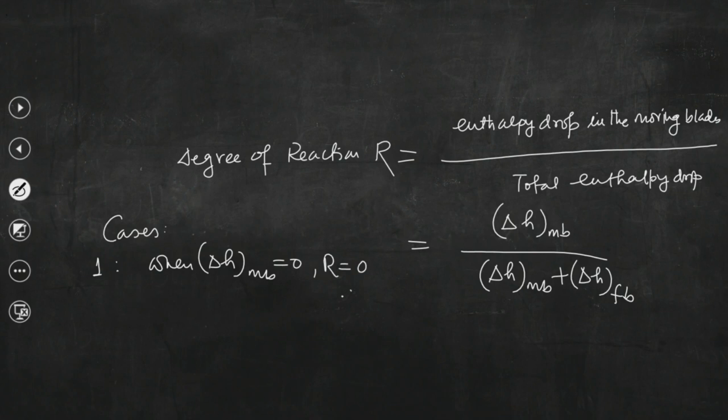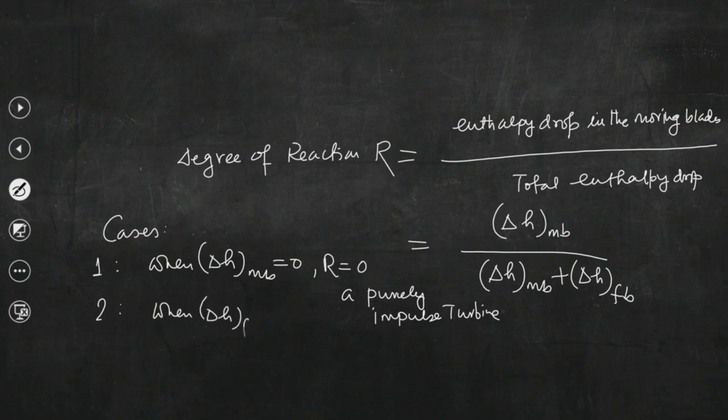So, this is a purely impulse turbine, right. And case 2, that is when delta H fixed blade equal to 0, then R equal to 1, 100% reaction turbine.